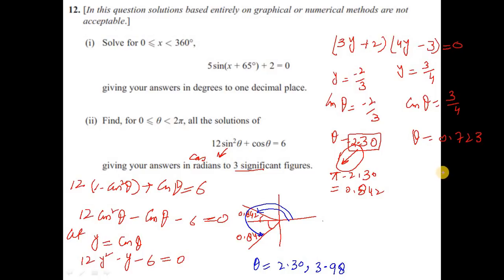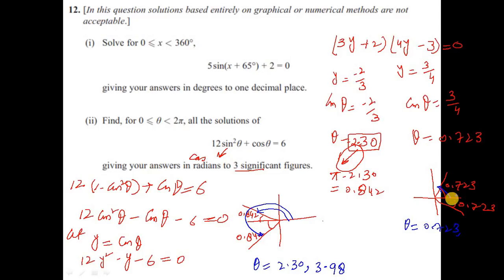Now for this angle 0.723, the original equation cos theta is 3/4, which is positive. So I have the first quadrant and the fourth quadrant. This angle is 0.723 and this angle is also 0.723. My first solution, starting from this axis, is theta equal to 0.723.